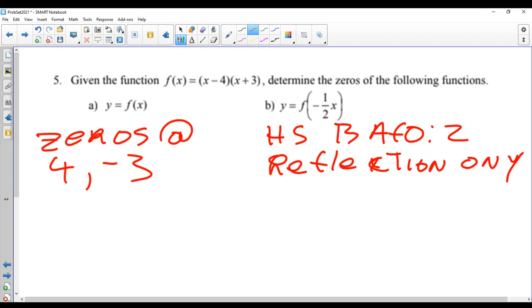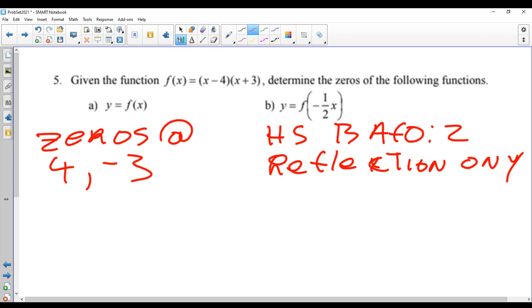So what's going to happen to these two zeros is the question. Does anybody have an answer for that? Latifa? Round of applause there. What Latifa just did is she multiplied both of these by -2.